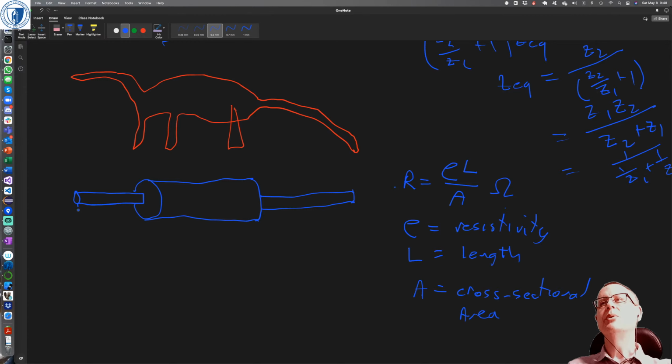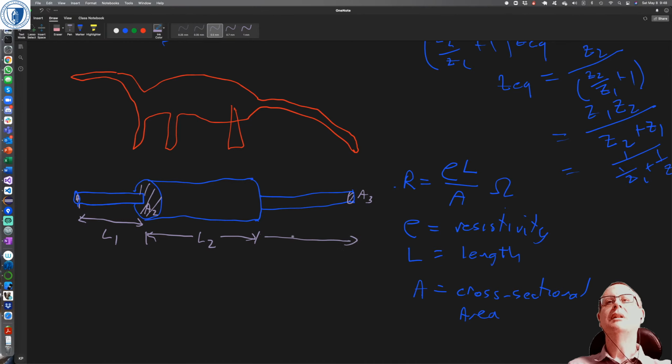And remember, so right, this is A1, this is L1, this would be A2, this is L2, and that would be A3, and this length here would be L3.